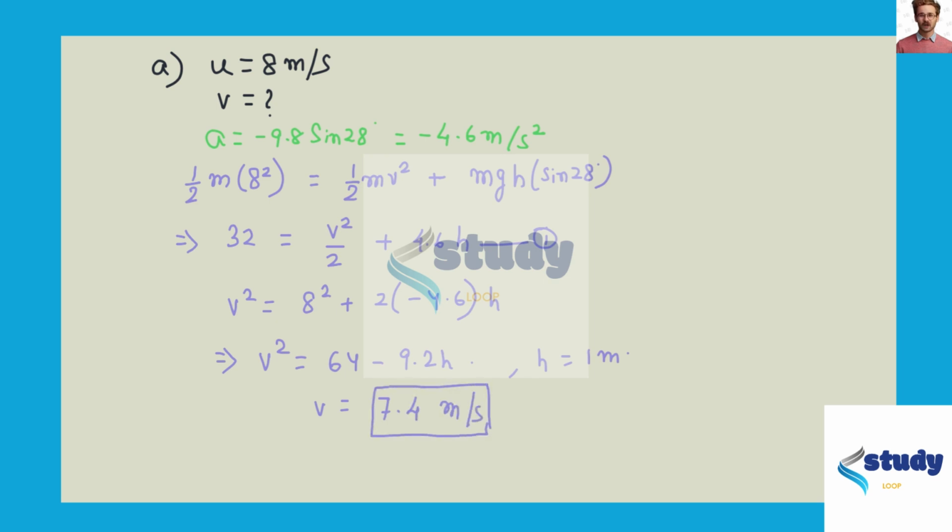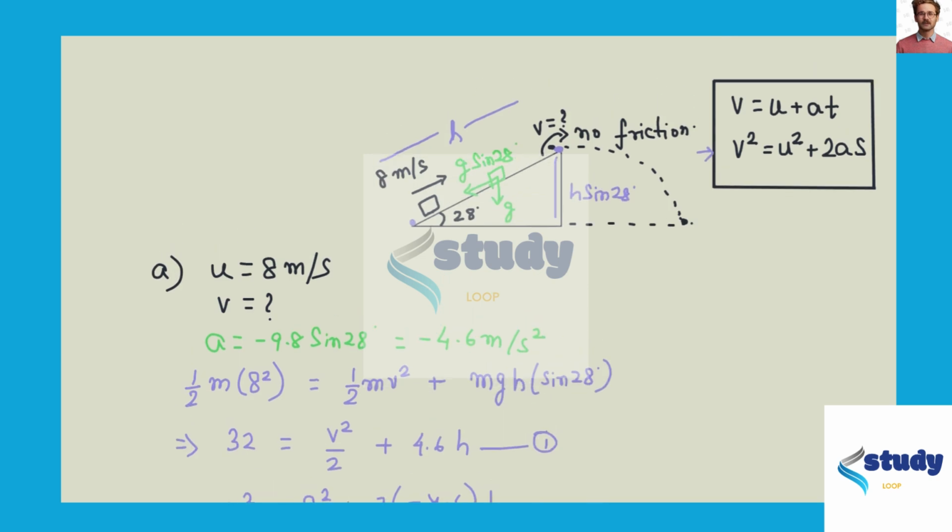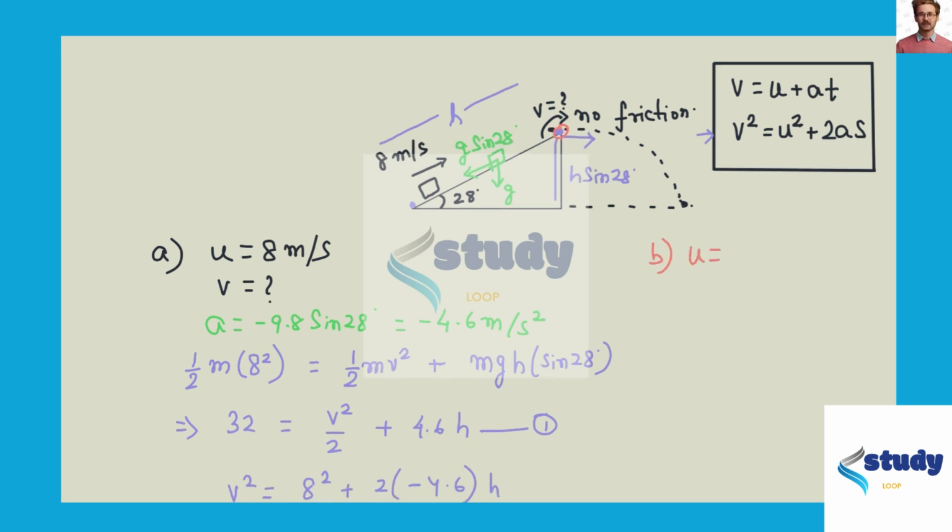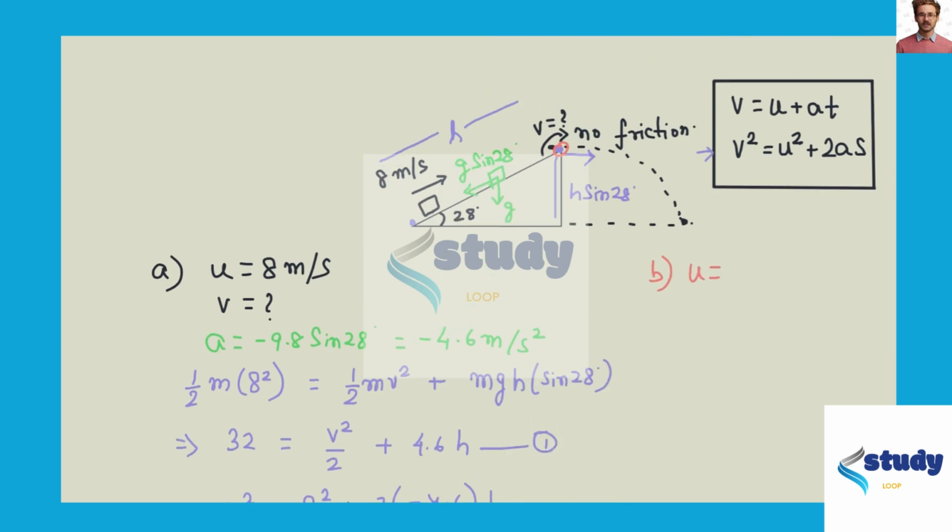Now we can see that this velocity is at an angle of 28 degrees with respect to the horizontal. Let's find the horizontal component to get the second part. That will be the initial velocity from this point, 7.4 times cos 28 degrees, which gives the horizontal component as 6.5 meters per second.